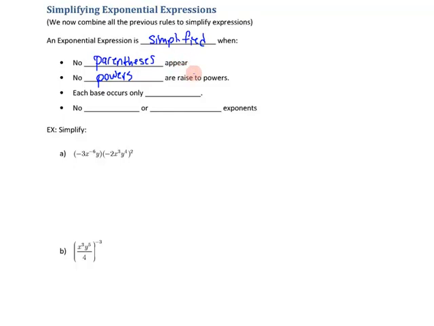No powers are raised to powers. Each base occurs only once, meaning that you cannot combine bases with the product rule or the quotient rule. And no negative or zero exponents appear.